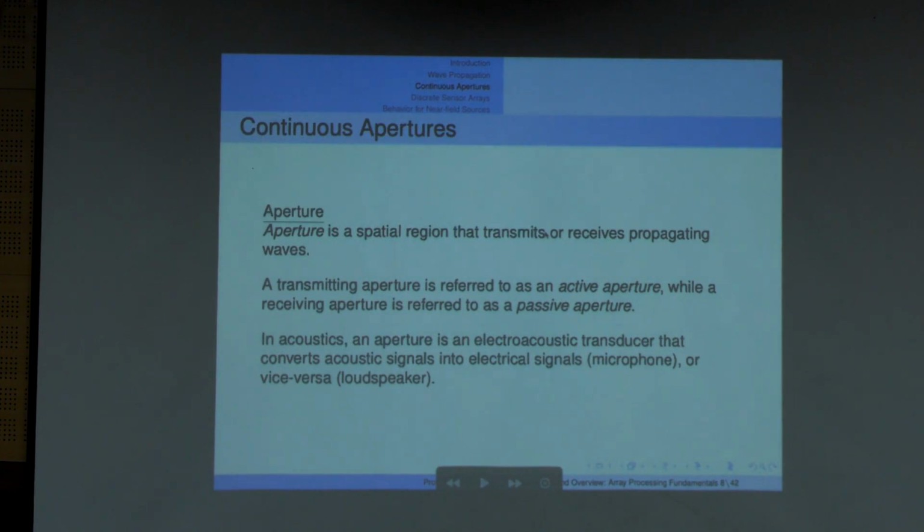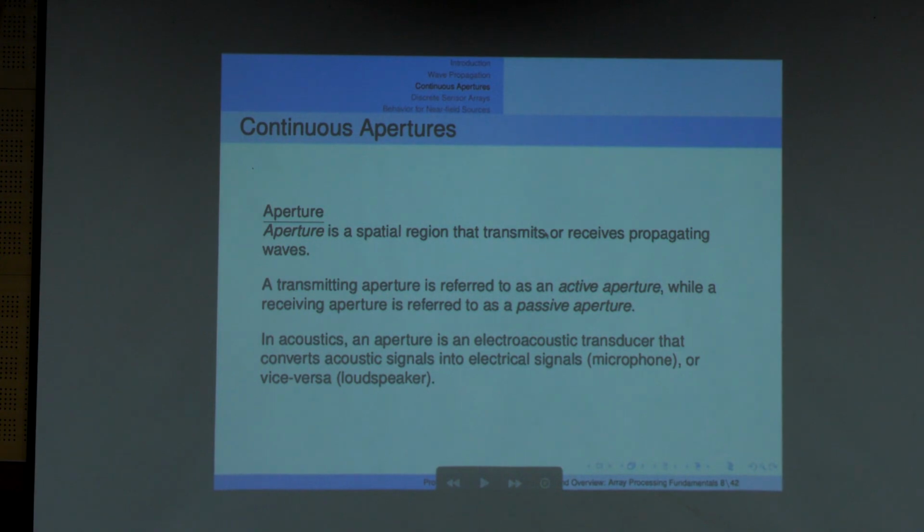Now let's talk about continuous aperture. So what is aperture? An aperture can be either transmitting signals or receiving signals, propagating waves. If we focus on acoustic waves, a transmitter aperture is something that translates or transforms a signal, for example an electric signal.